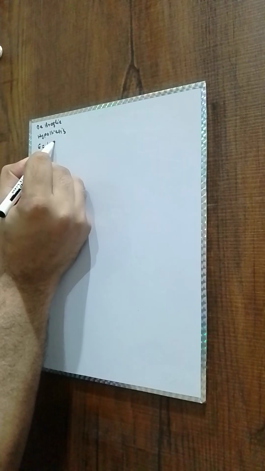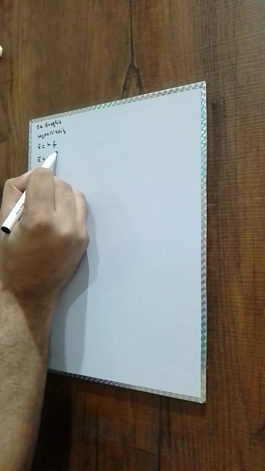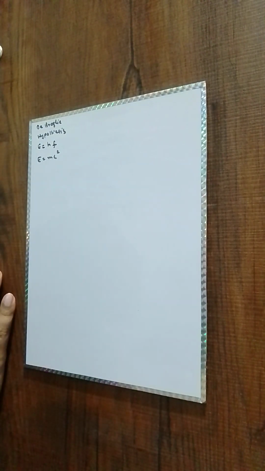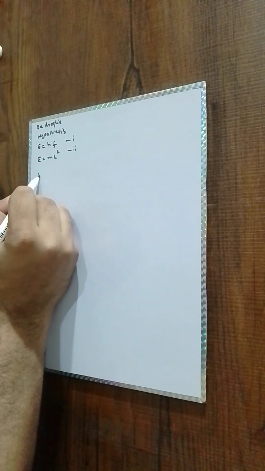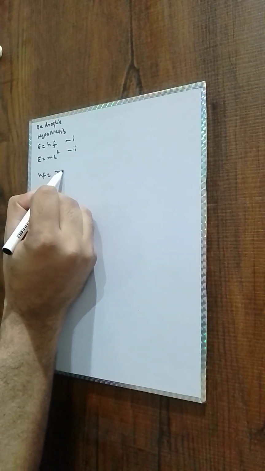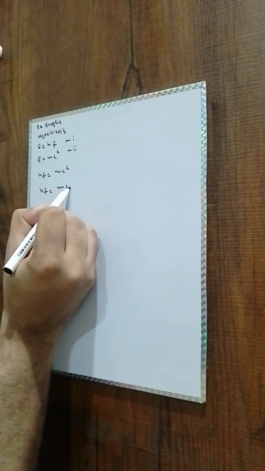So initially we know that energy is equal to Planck's constant times the frequency of the wave, and energy is also equal to mass times the square of the speed of light. We have these two, 1 and 2, and we equate the two. hf is equal to mc squared. hf is equal to mc dot c.